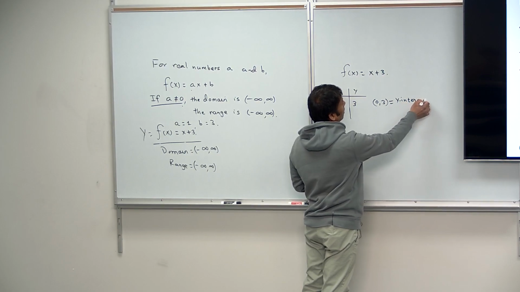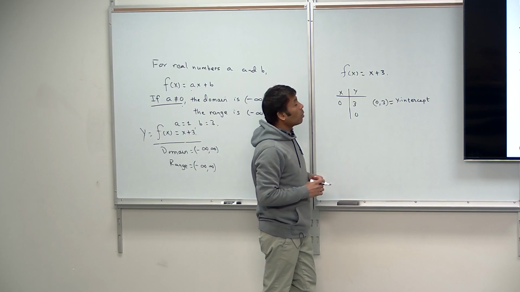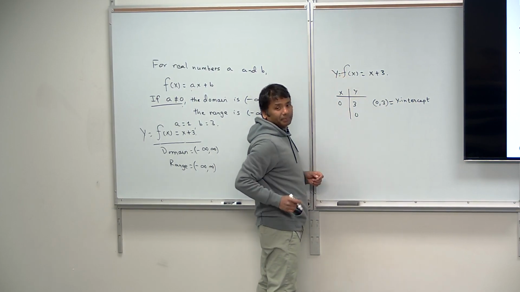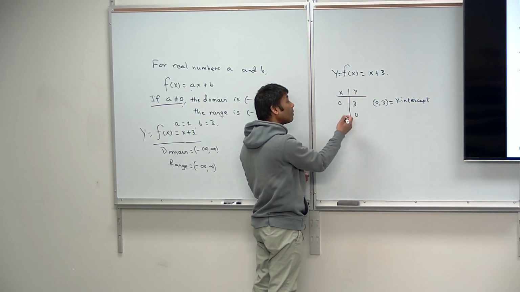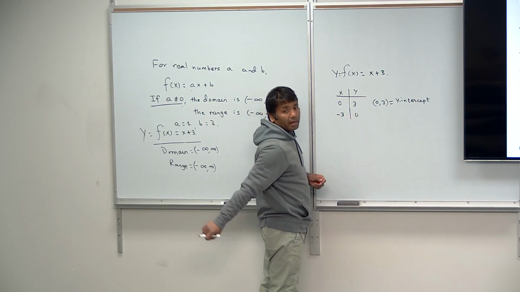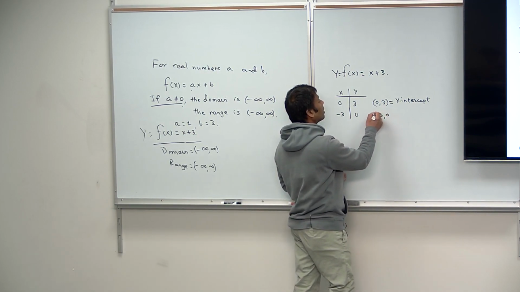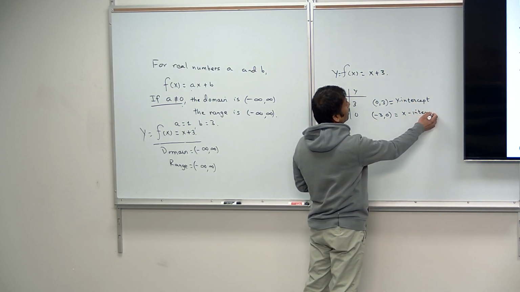Y-intercept. If we plug in y equal to 0, what will be the value of x? You know y is the same as f(x), right? If I plug in y equal to 0, what will be the value of x? -3. So this is -3 comma 0. This is what? X-intercept.